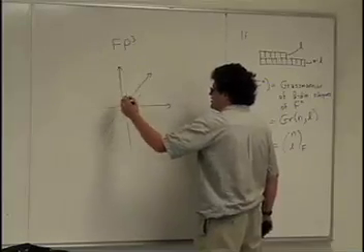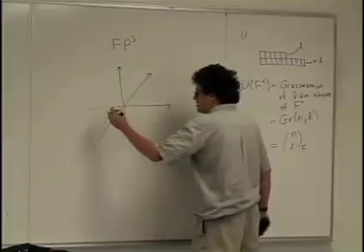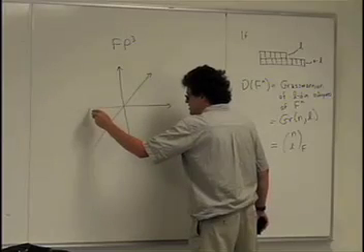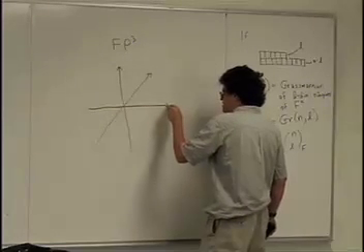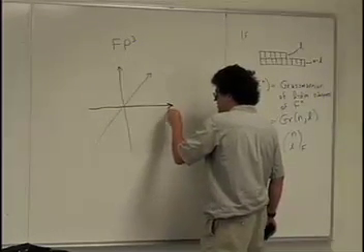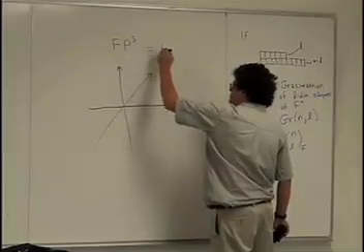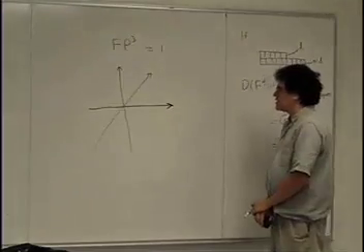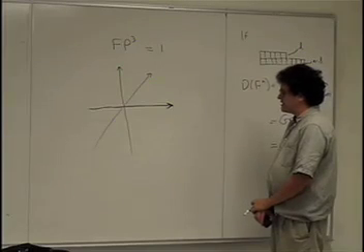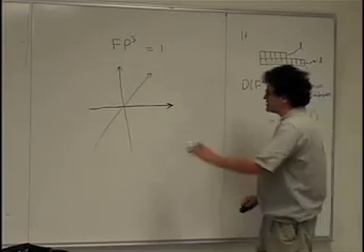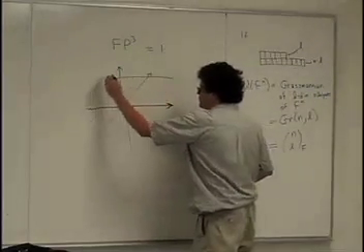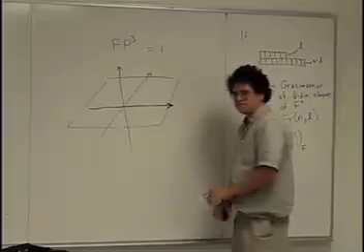So the point is that if I'm picking a line here, there are different possibilities. One possibility is that it just is the very first axis. So that's one possibility.